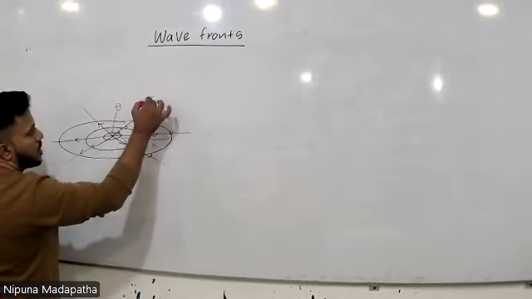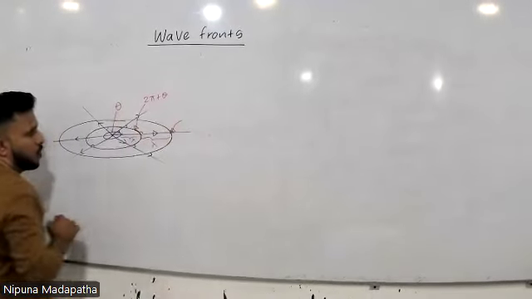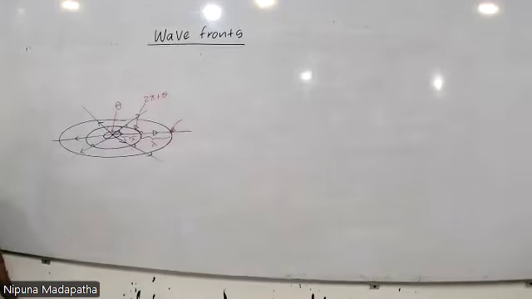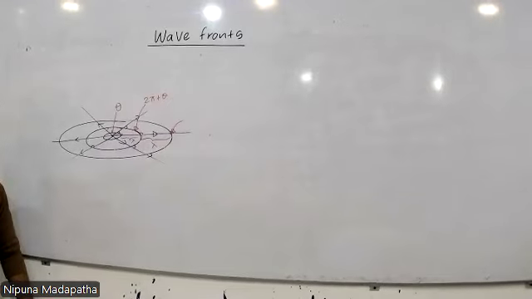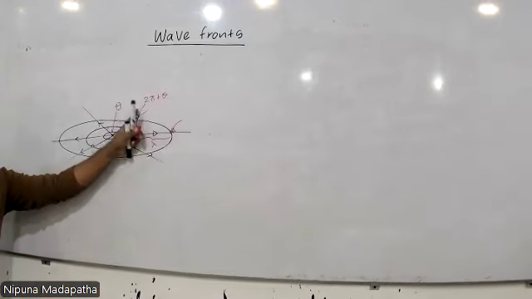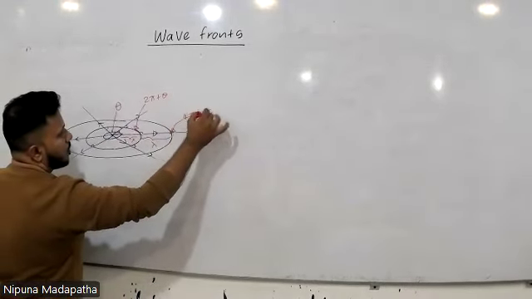So it is 2 pi plus theta. And the phase angle of particles on the next wavefront should be 2 pi more than this one, so it is 4 pi plus theta, like that.